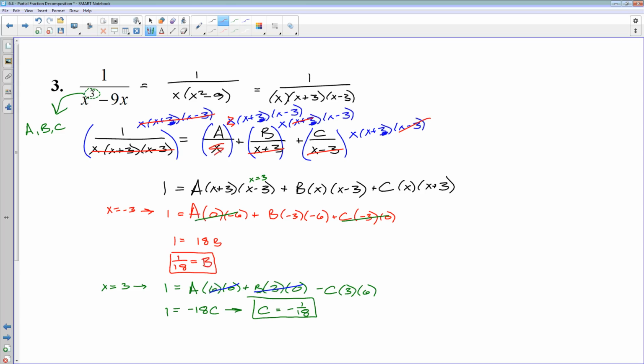And then last, I need to find a way to solve for a, which means I need to cancel one more thing. I've already plugged in negative 3 and 3. Right here I have just an x. If I plug in 0 for x, that's going to give me a 0 inside that parentheses. So let's plug in 0. It's going to give me 1 equals a times 0 plus 3 and 0 minus 3, plus b times 0, 0 minus 3 is negative 3, c times 0 for x and 0 plus 3.